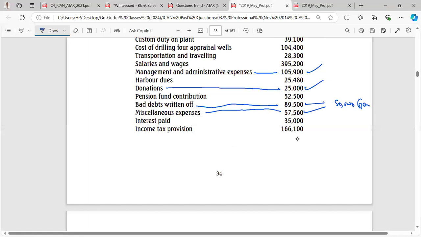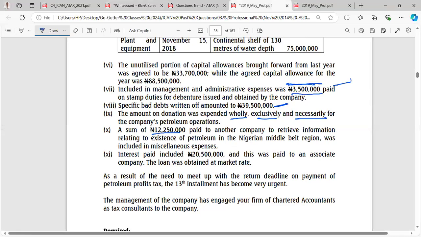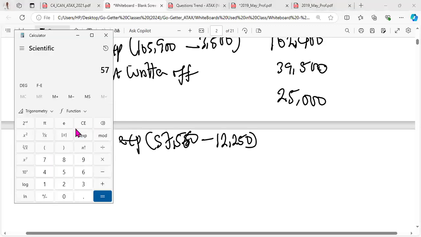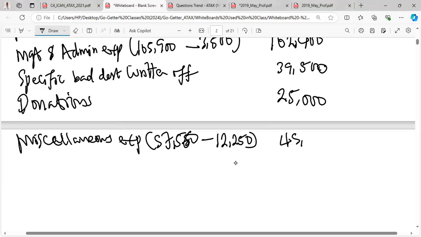So we have done this. So what is it going to be? I need to write that in well. 57,560 minus 12,250. That gives me 45,310. 45,310. So I'll need to make this one look fine so that you won't get confused.